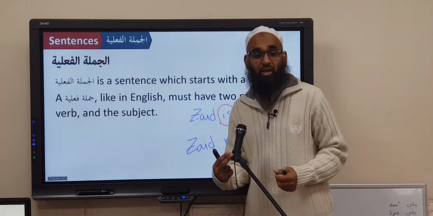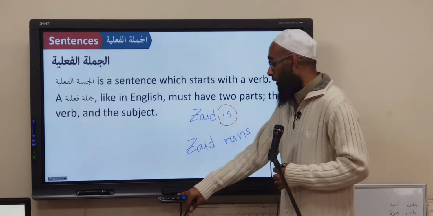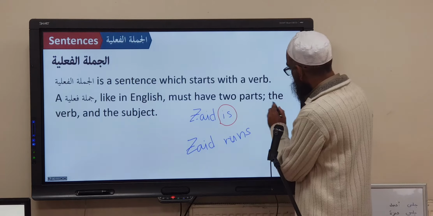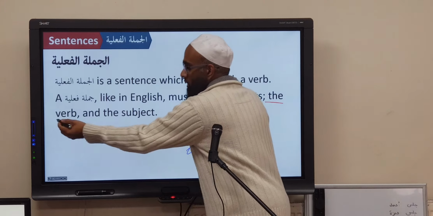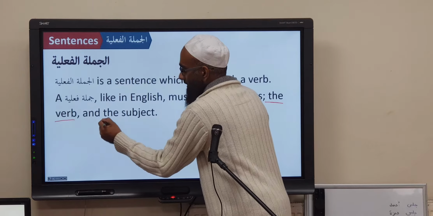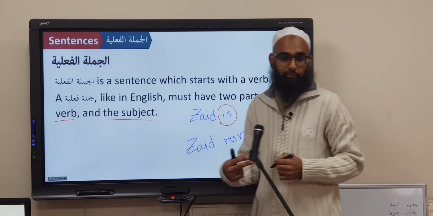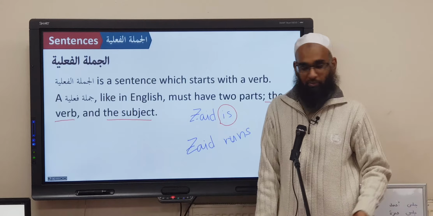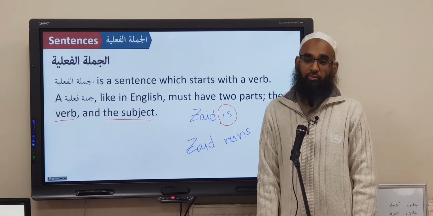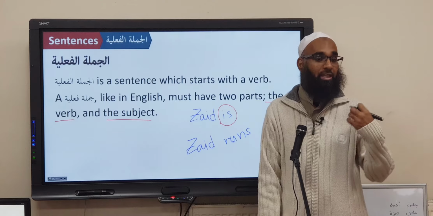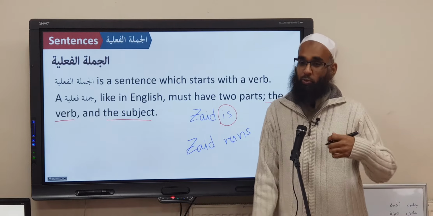Okay, Zaid runs. What are the two key words in here? Zaid and run. So a Jumla Fi'liyyah, even in English, must have two parts. What are the two parts? The verb and the subject. What's the verb? Fi'l. We've done that before. And the subject? Fa'il, meaning the person doing the action, the person who does the verb.